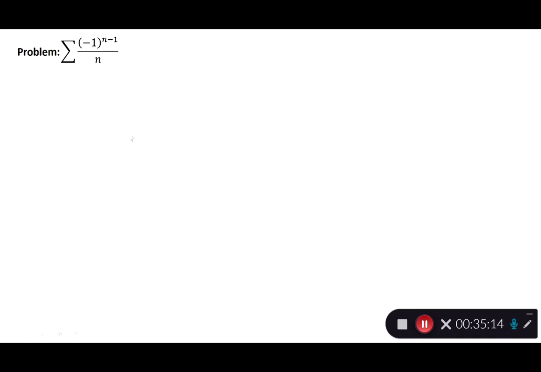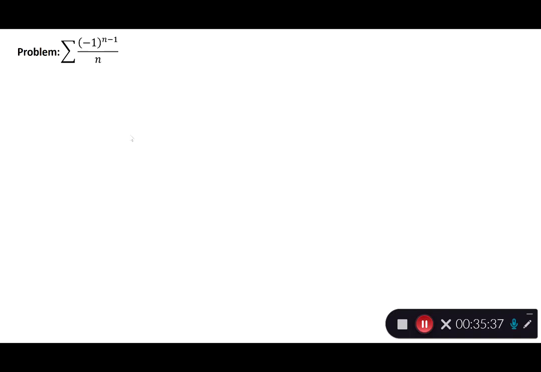So let's see. Is this an alternating series? What is an alternating series? A series with alternate positive and negative terms, as simple as that. So if a term is positive, the very next term must be negative, and the one after that must be back positive, and so on.